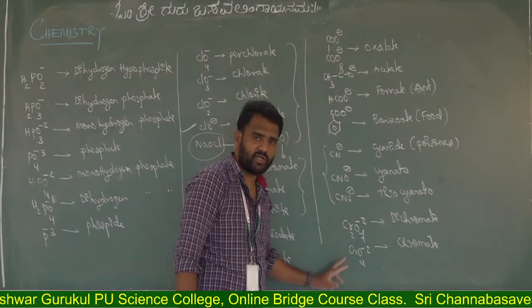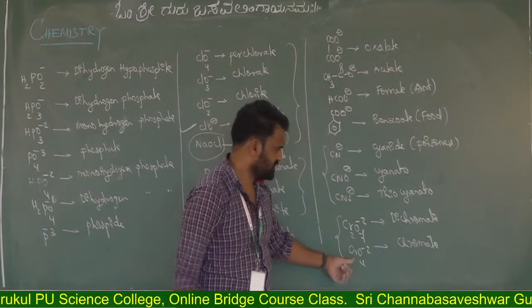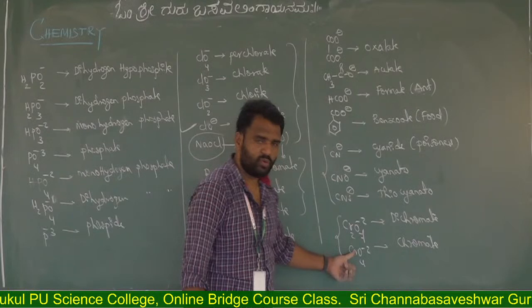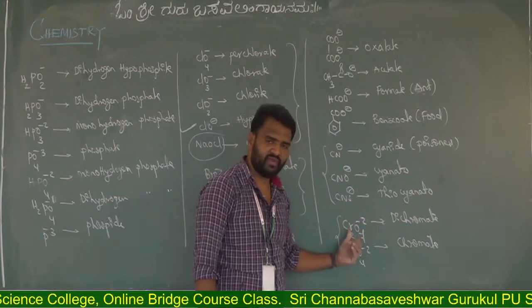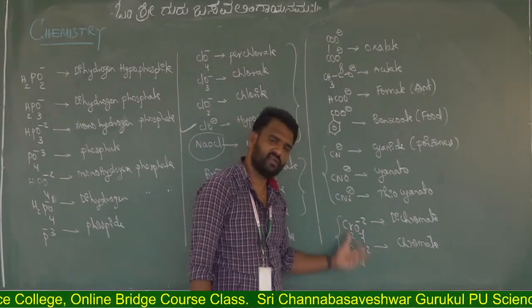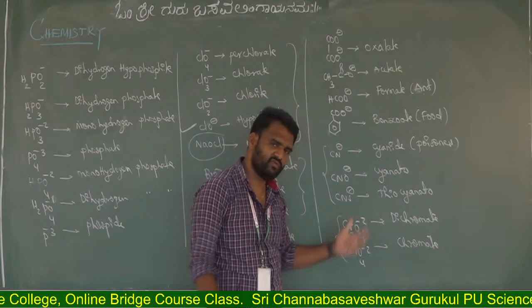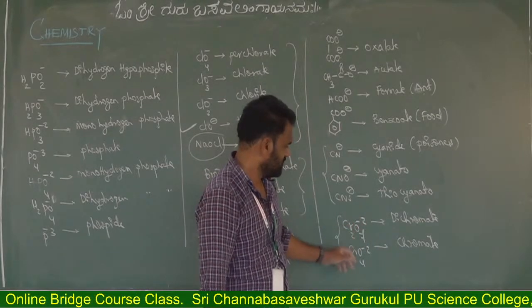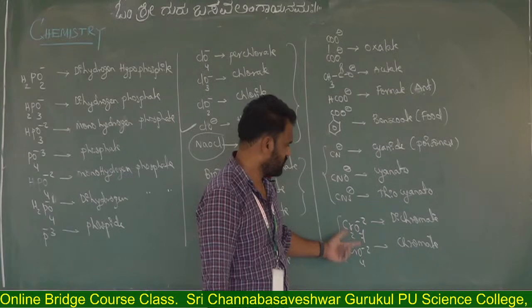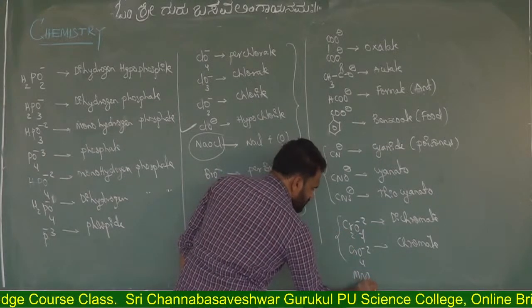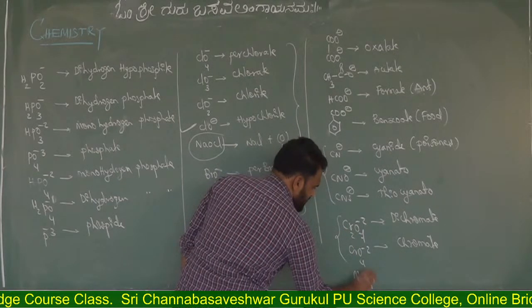The formulas are different, so you need to remember them. This is chromate, this is dichromate. So these are chromium anions. Next, one more: permanganate, MnO4 minus.